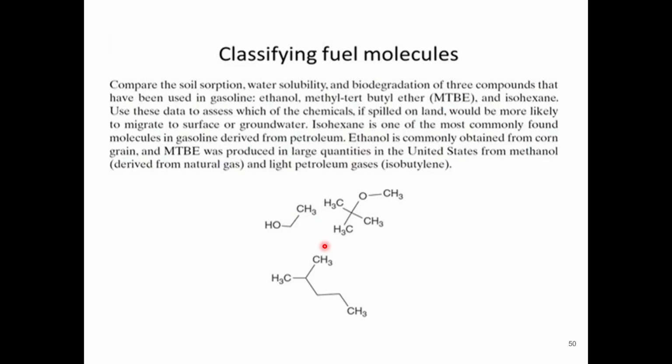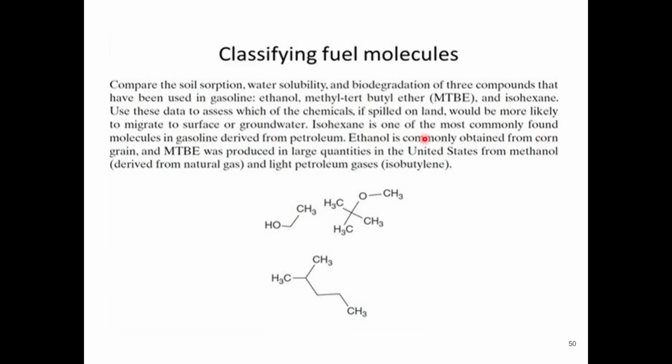Let us take an example, classifying fuel molecules. Let us compare the soil absorption, water solubility, and biodegradation of three compounds that have been used in gasoline: ethanol, methyl tert butyl ether or MTBE, and isohexane. We will use this data to assess which of the chemicals, if spilled on land, would be more likely to migrate to surface or groundwater.